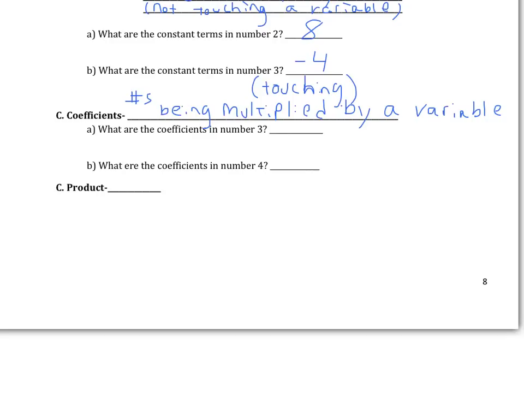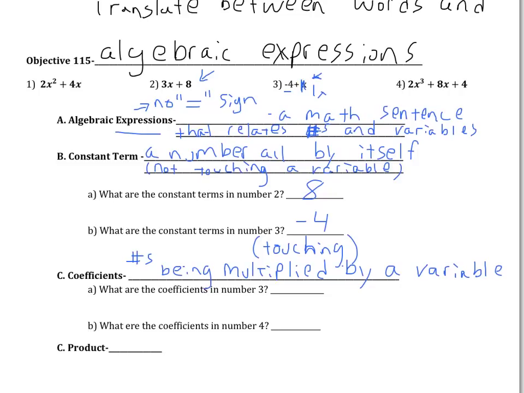So, what are the coefficients in number 3 above? Well, we already went through that. The number touching the variable is that hidden 1. Make sure you make a note here that that's hidden. Again, if there's not a number in front of a variable, we know that we can put in a hidden 1. What are the coefficients in number 4? Well, we have a 2 touching a variable, and we have an 8 touching a variable. So we have two coefficients, 2 and 8.